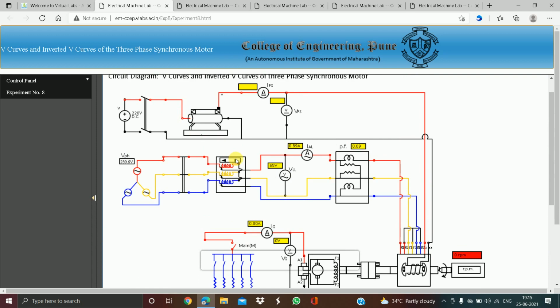You can see the voltage is increasing and the current is also changing, and the rotor speed is also changing. 415 is the rated voltage for this synchronous motor.